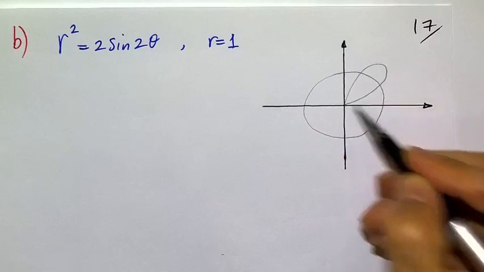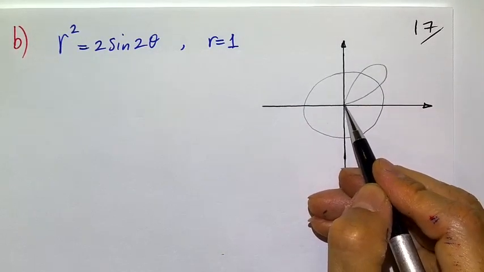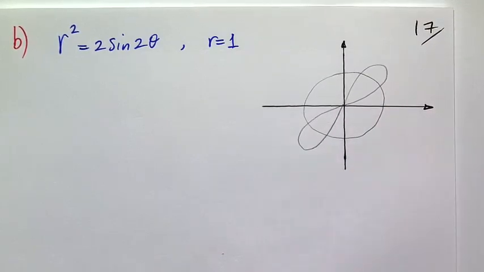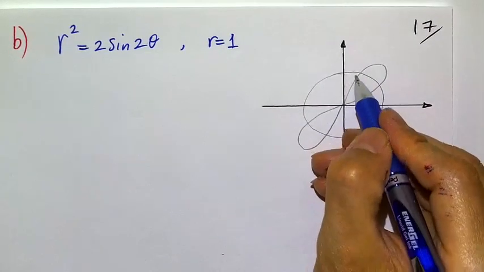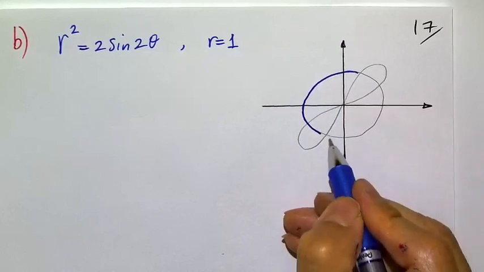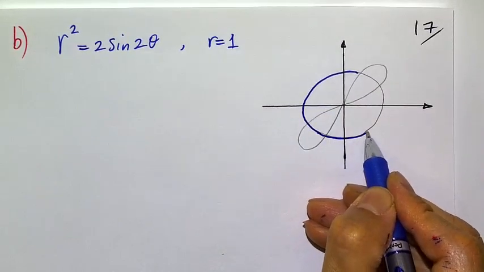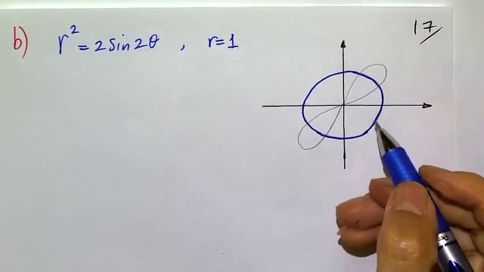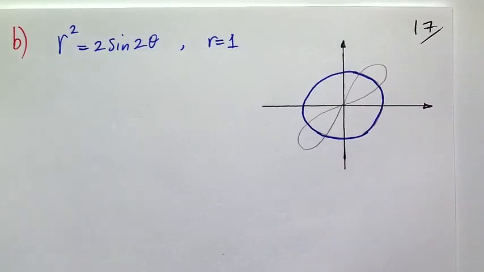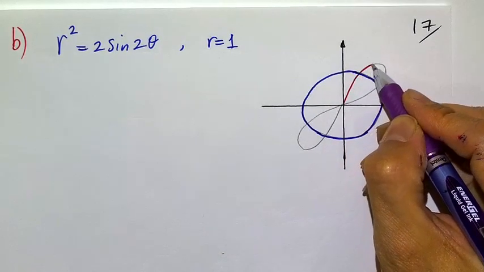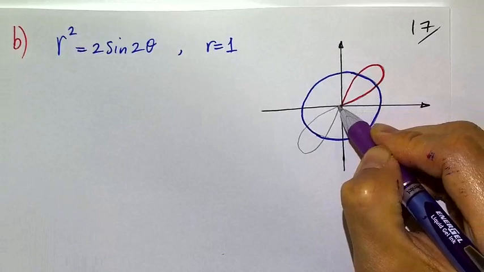So it should go like that, and then also it would go like this, something like that. Okay, and then we can draw these with different colors just to give it a little more contrast. Like this, and also like this.